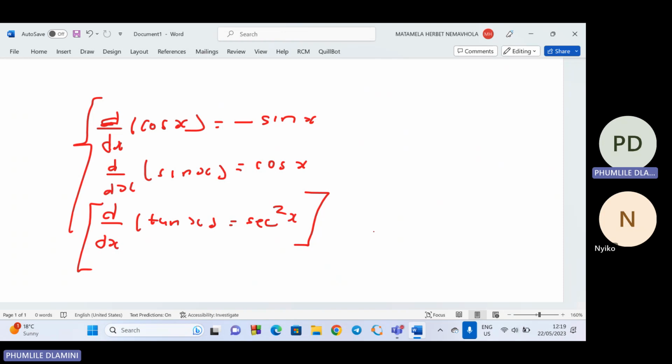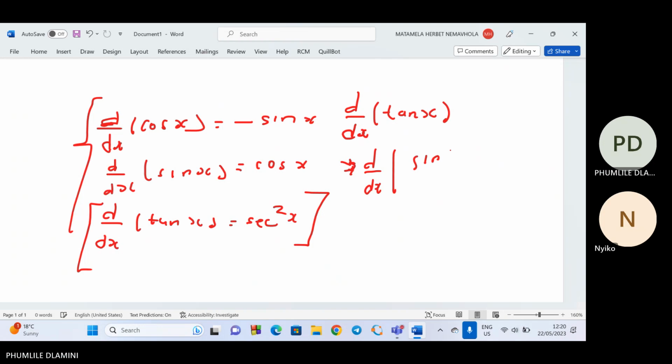So if we have to prove this one, we know that if we are differentiating d over dx of tan x, this implies that we can write it as sine x over cos x.